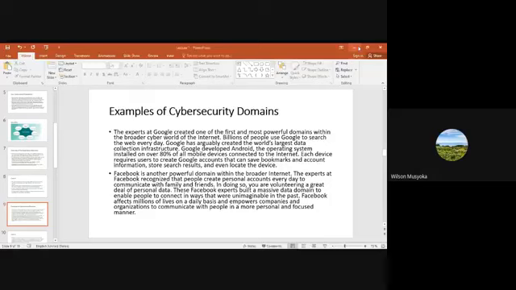The experts at Google created one of the first and most powerful domains, and billions of users use Google to search the web every day. And when they are searching, Google is able to collect that data about the user. Google also developed Android, the operating system which is being used by 80% of all mobile devices connected to the internet.